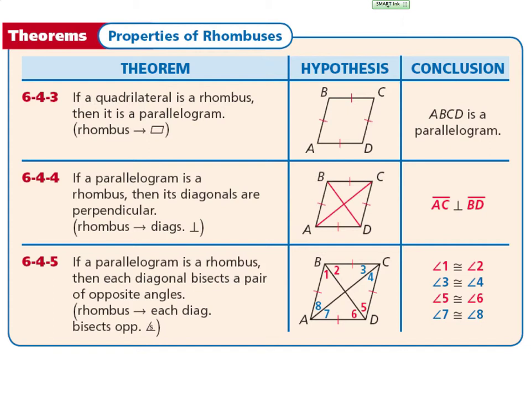And 6.4.5, we could say the rhombus diagonal angles theorem, maybe the diagonal bisect angles theorem. It might be easiest for us just to say the reason is in a rhombus, diagonals bisect the angles. All right, got your notes and names?